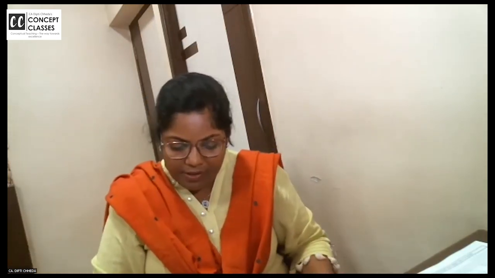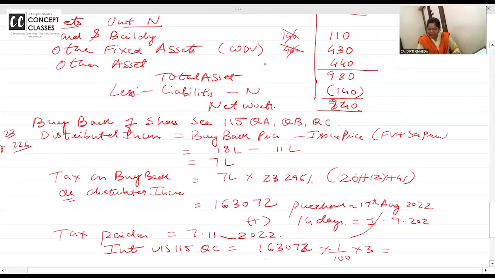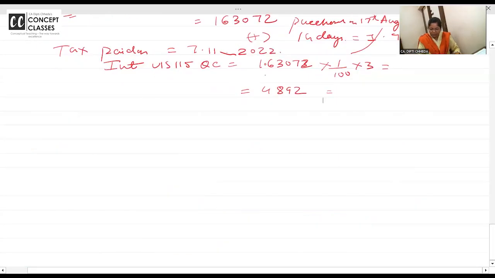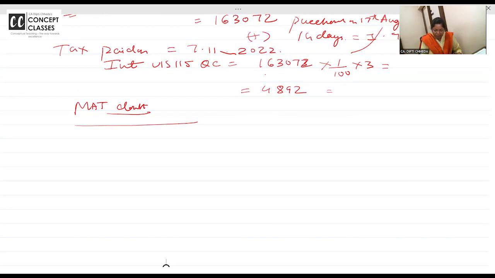If you have a doubt, I'll write and show you, and then check if it is clear or not. I'll write and then cancel because this is the part of MAT. So I'm writing MAT doubt. See, what did I say in the books? Suppose you have charged depreciation as per books, say 60 rupees.